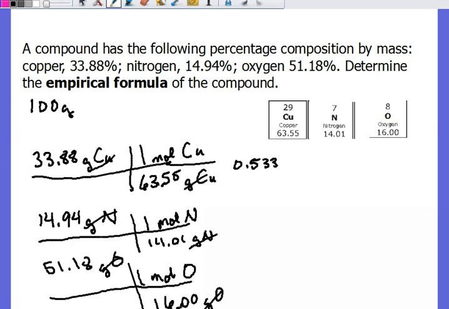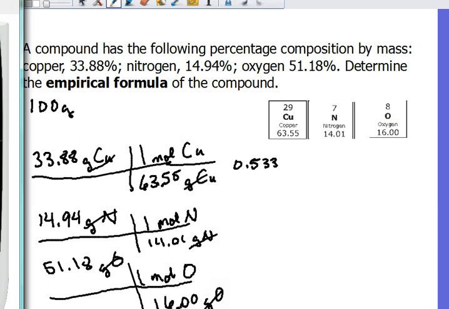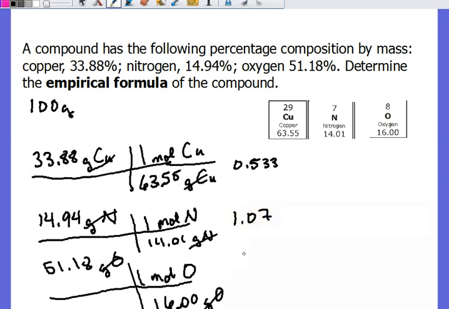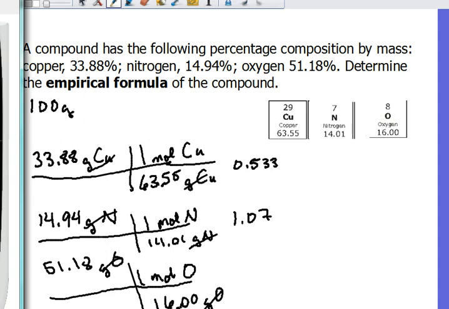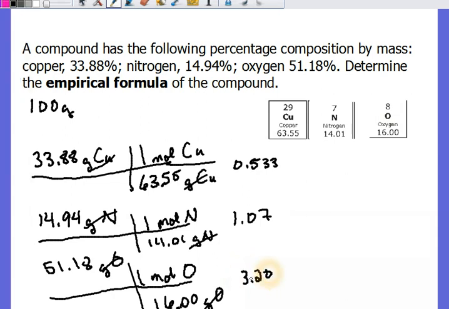And then your nitrogen, you have your 14.94, and you divide that by 14.01, and you get 1.07 moles of nitrogen. And then you take your oxygen, 51.18 divided by 16, and you get 3.20 roughly moles of oxygen. And then you're going to divide all these by the smallest number of moles, which is 0.533.